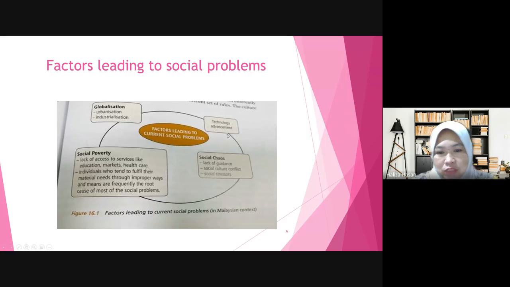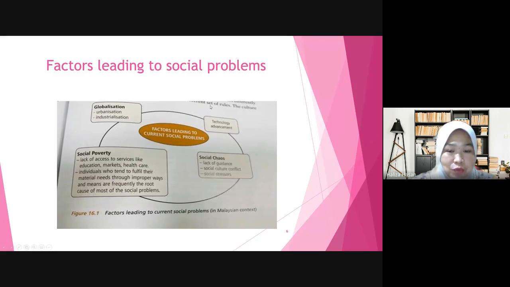The technology advancement. Here the very common social problems, the technology advancement. Since now we are still in MCO, movement control order, and in certain places PKPB, everyone has to stay at home.